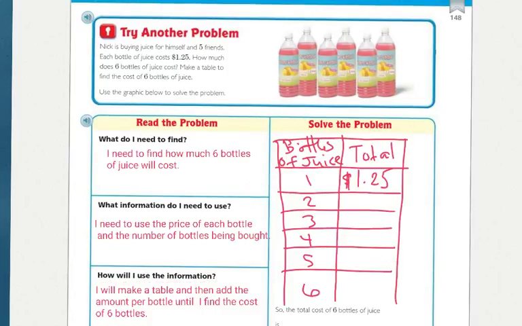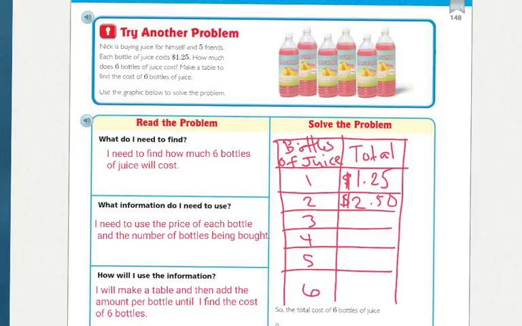So here's a sample chart. So my bottles of juice here, and I have my 1, 2, 3, 4, 5, 6, because 6 bottles of juice is what I've got. And I've got my total. I know that 1 bottle of juice is $1.25. So if I double $1.25, I'm going to find out how much 2 bottles of juice is. If I double 125, I'm going to get $2.50.